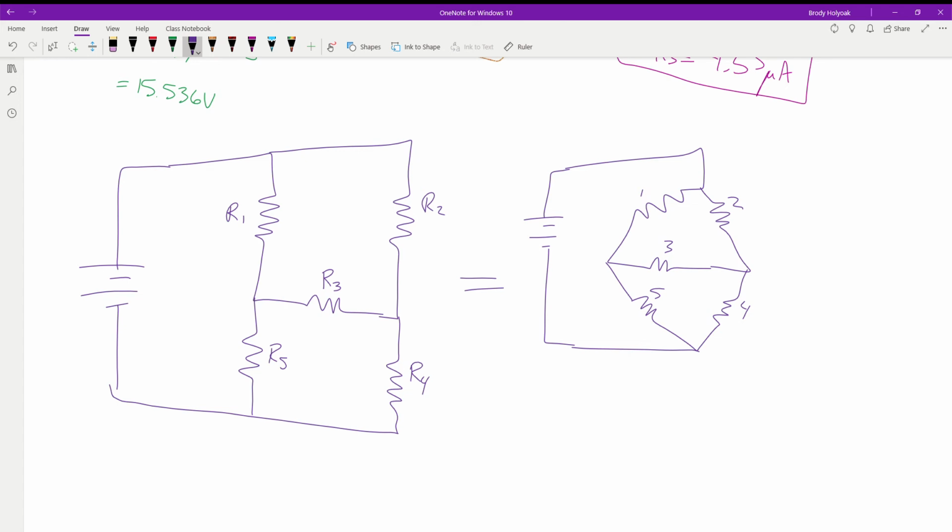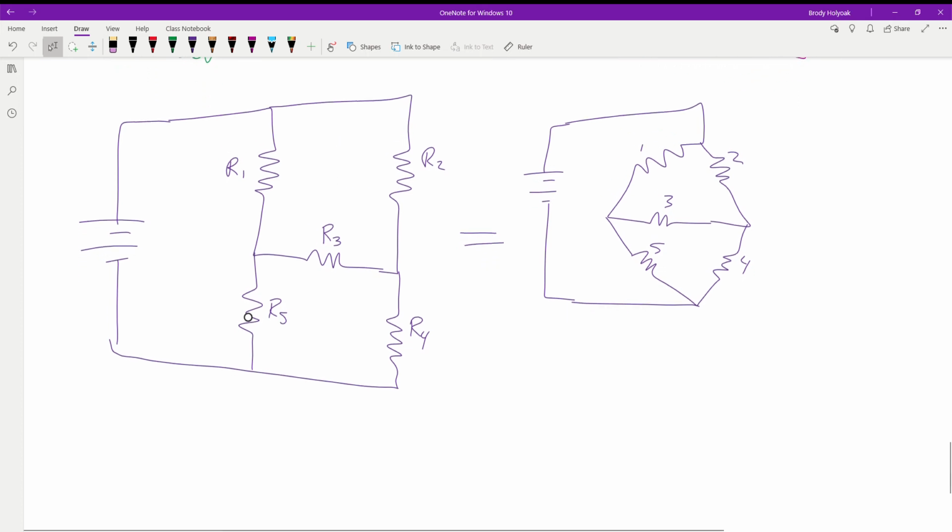So we look, do we have those same connections? R1 is connected to the positive of the power supply, it's connected to R2, and then it's also connected to 3 and 5 together. So all we've done is we've taken that point and spread it open. Made it a lot easier to look at and to solve. But they're still going to behave the exact same way.